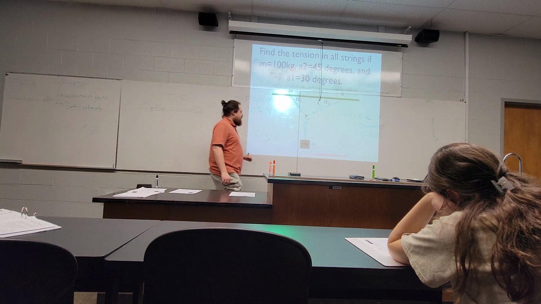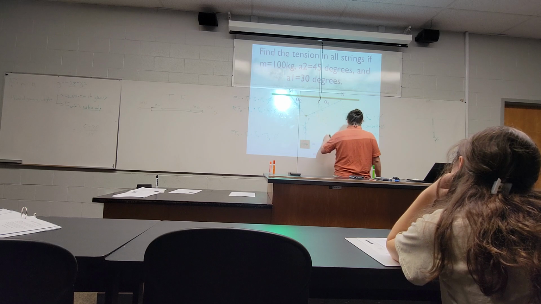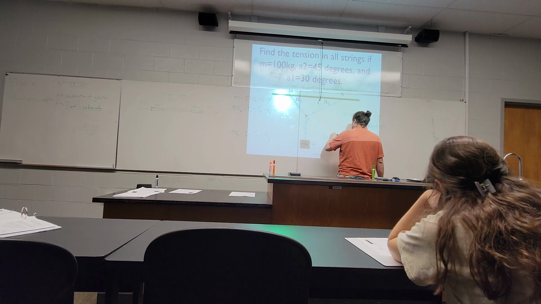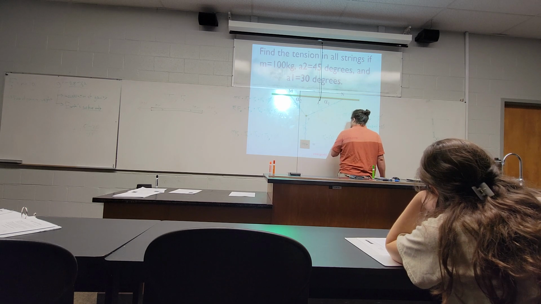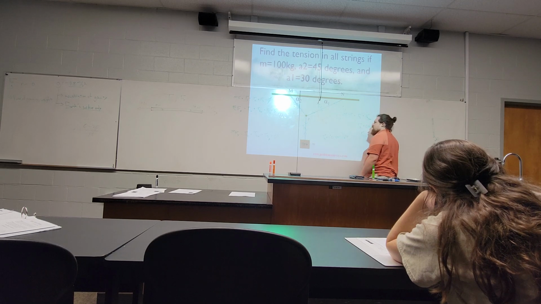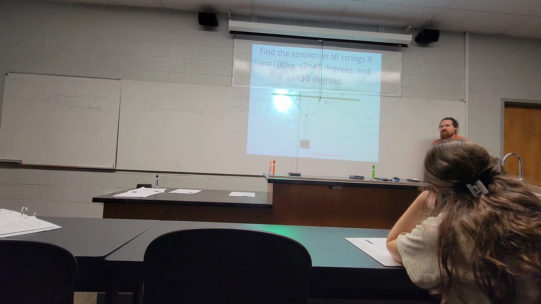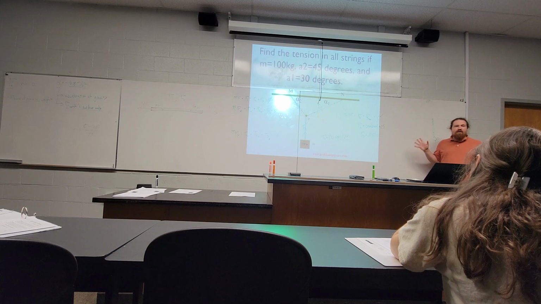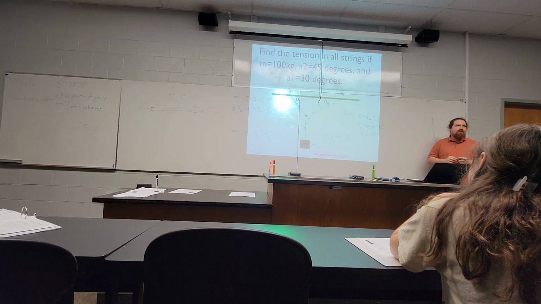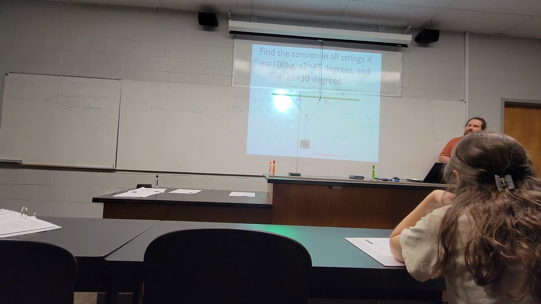And I'll just list over here, T3 equals 0, 980. So its X component is 0, it's not going to contribute to the X axis. That's why I wrote it that way the first time. Does that answer the question? Okay.